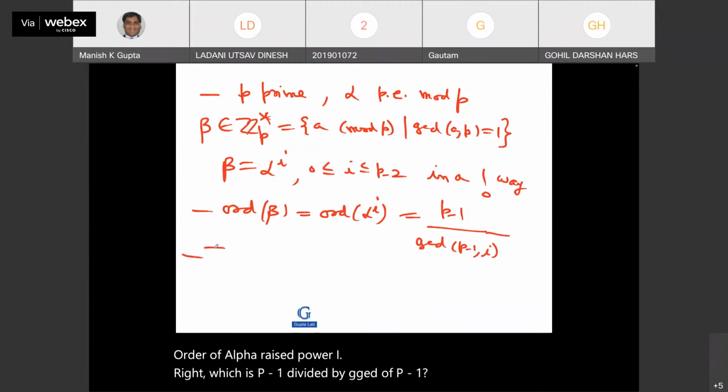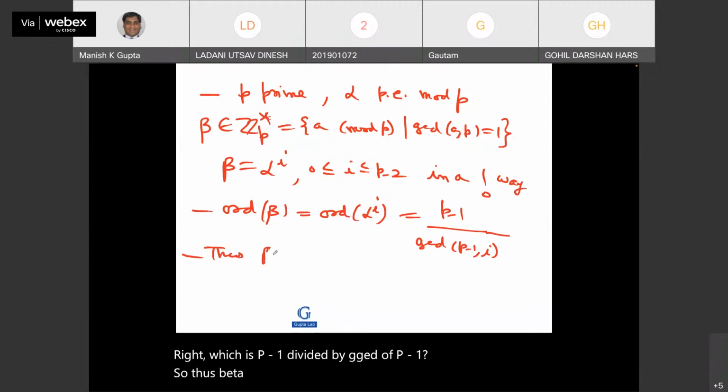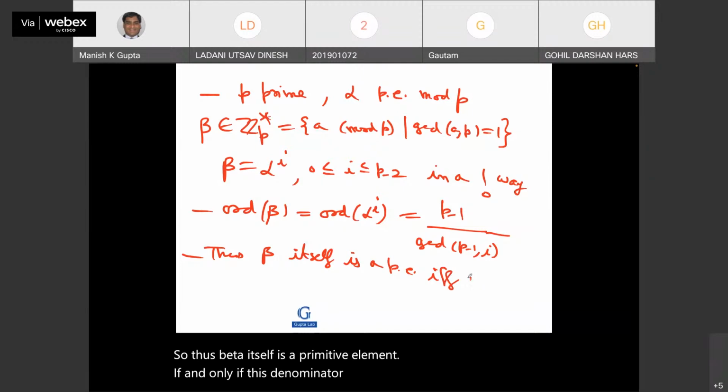So thus beta itself is a primitive element if and only if this denominator is 1, GCD of (p−1, i) equals 1.